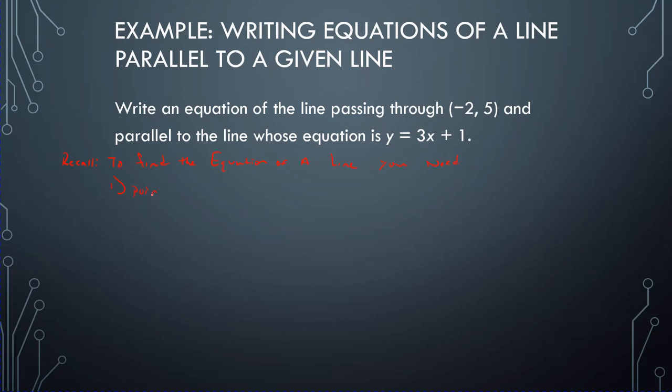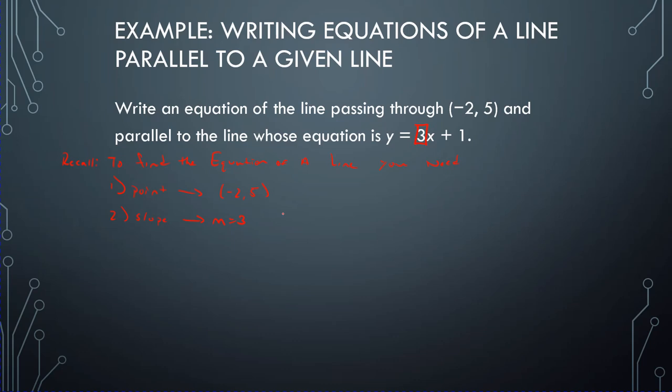We have that, so I've got the point. The second thing you need is the slope. All I'm telling you is that it's parallel to this equation right here, y equals 3x plus 2. We know parallel lines have the same slope, so since it's parallel to this, the line I'm looking for has the same slope.